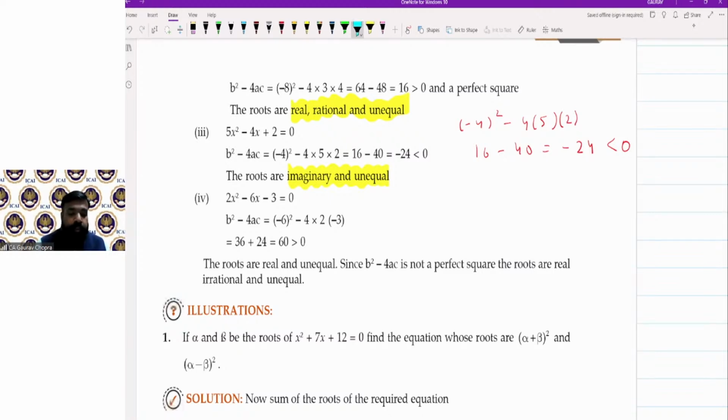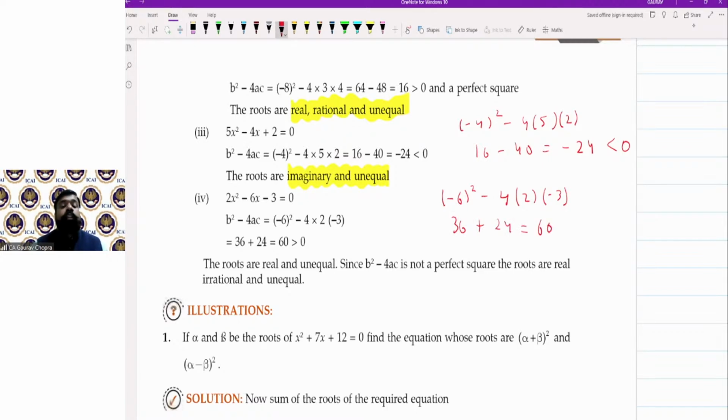And the last one also we can try. 2x square minus 6x minus 3 is equal to 0. Now this time what we have to do again: minus 6 square minus 4, a is 2, c is minus 3. So 36 plus 24.